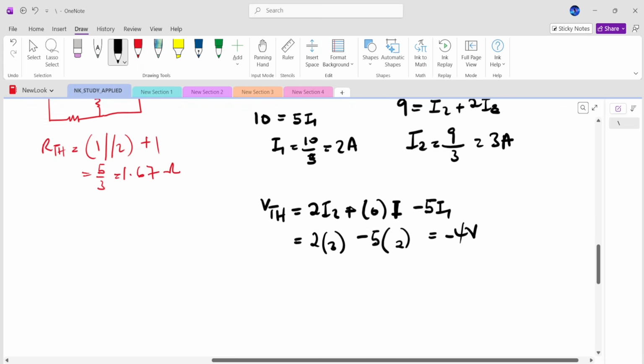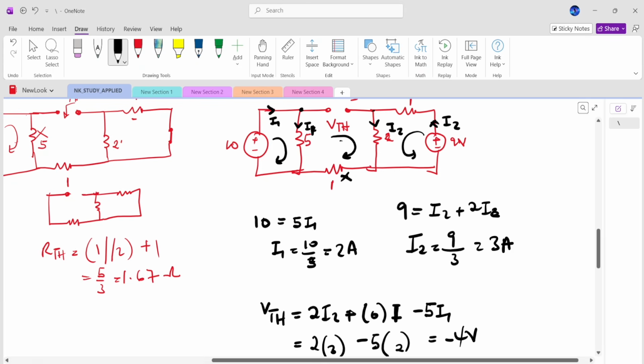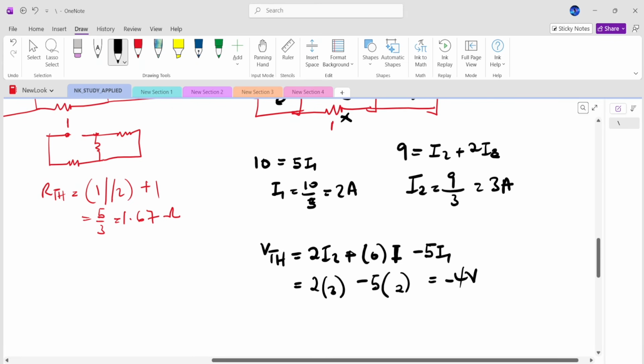Good. Negative 4 volts. What this actually tells me is that the assumed direction that I took was not right, it's in the negative. So it means my real VTH is going this way. My positive is here, my minus is here, and it has a value of 4 volts, right? So when you have a question like this, especially for objectives, realize all your VTH answers will be positive, unless they assign the direction of VTH for you.